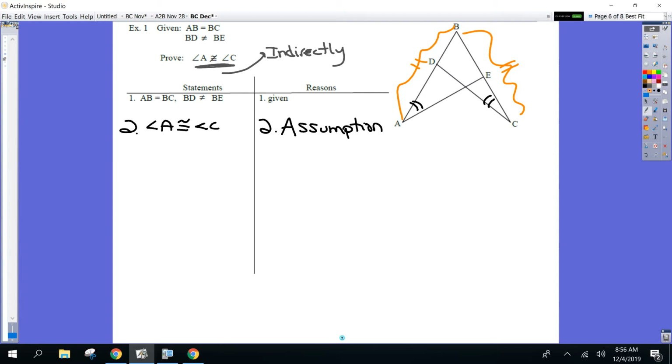Use the angles and the sides we already have. And just a refresh here, I don't have time to ask people, but: side-side-side, side-angle-side, angle-side-angle, angle-angle-side, and HL.